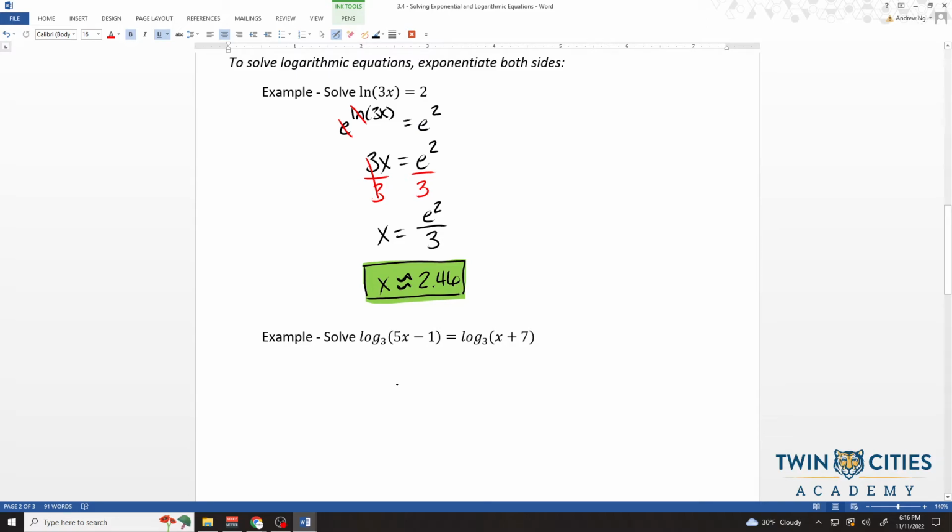And if they're both the same base, log base 3 of this equals log base 3 of that, it must be true that this equals that, or 5x minus 1 equals x plus 7. So I can just get rid of these log base 3's. So 5x minus 1 equals x plus 7 here. And we're going to subtract x from both sides.